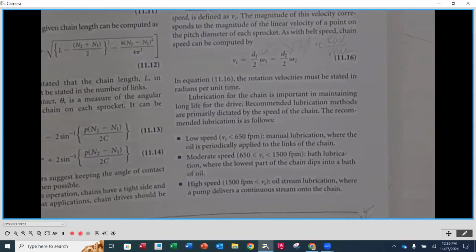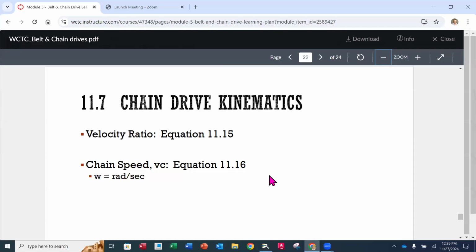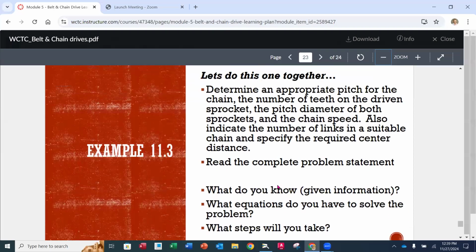Now we are going to be looking at the problem on page 11.3. But before we do, let's make ourselves a nice little equation sheet to bring together the things we just talked about. If you would, get out a blank piece of paper. You guys have done this often enough with me.